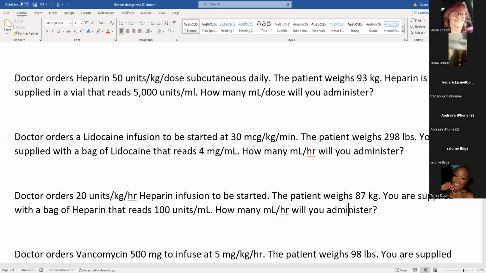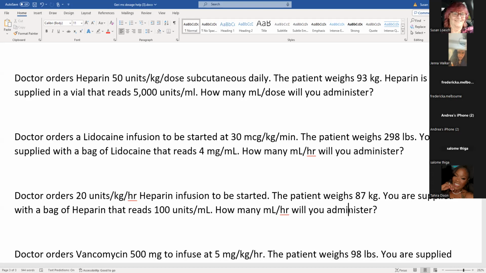Now we just did a ton of these. Let's see if you can get the right answer here. Again, what is your formula? Desired over have. And you can tell that's your formula because everything that you need to solve that is in there.